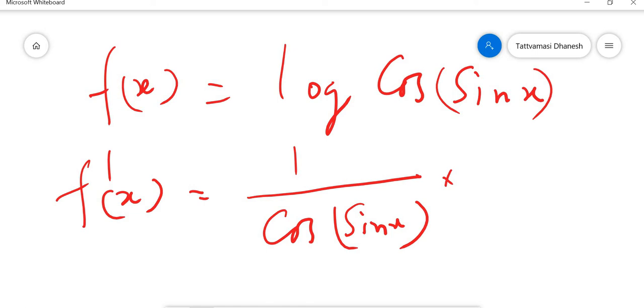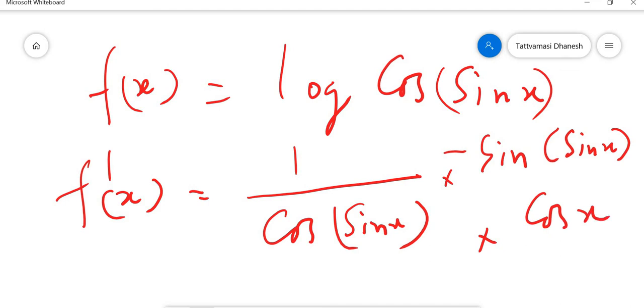The derivative of cos is minus sin, so minus sin of sin x, then we need to address sin x, whose derivative is cos x. So this is the answer you will get.